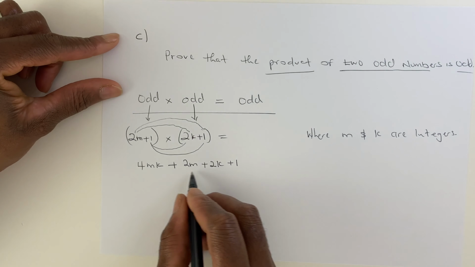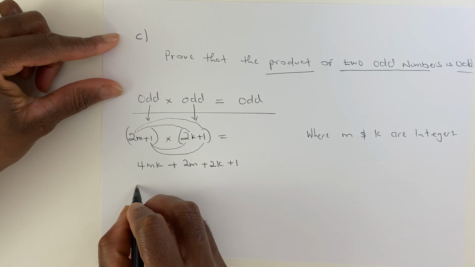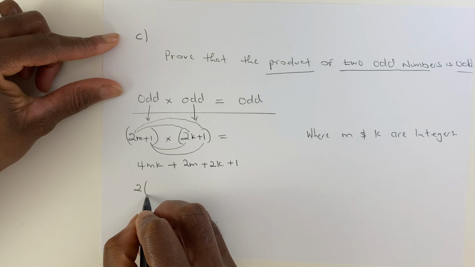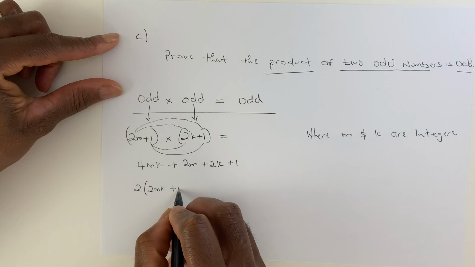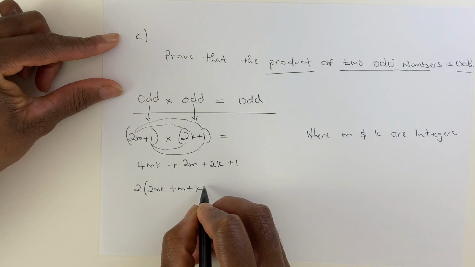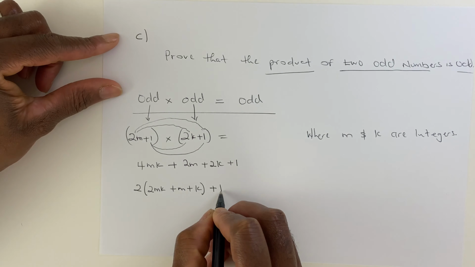2 is a common factor here. So if I take 2 out, I'm going to have 2 into bracket 2mk plus m plus k, plus 1.